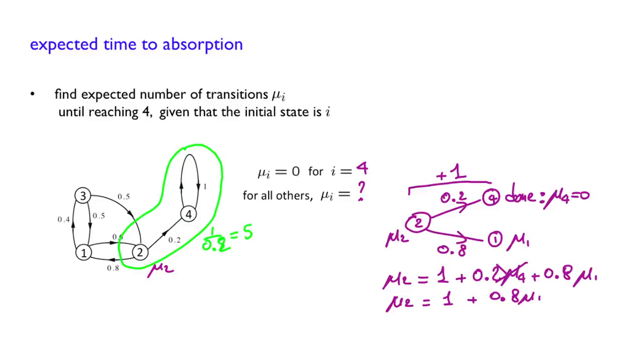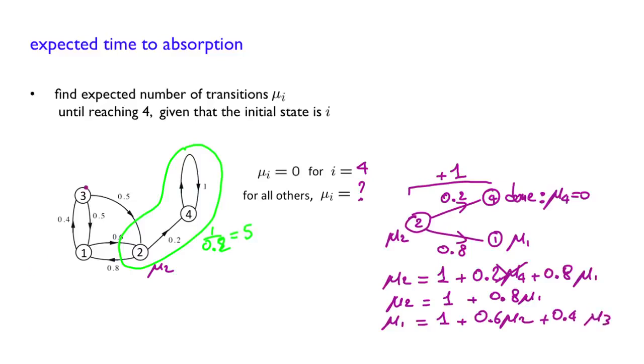Now you can do the same thing if you start from 1 or start from 3. So let's do it again. From 1, so you're interested in mu1. After one transition, so plus 1, what happened? Well, with probability 0.6, you end up in 2. And with probability 0.4, you end up in 3.